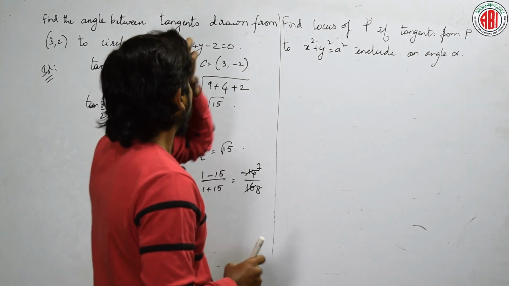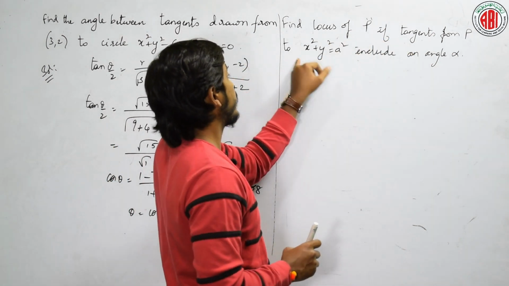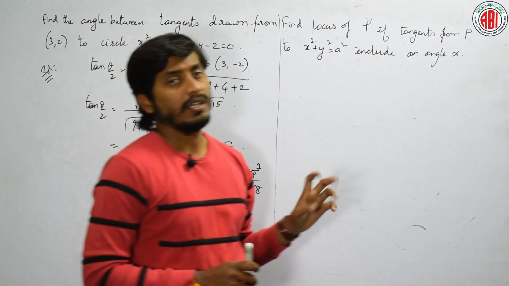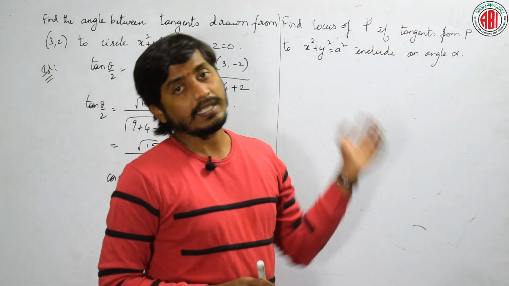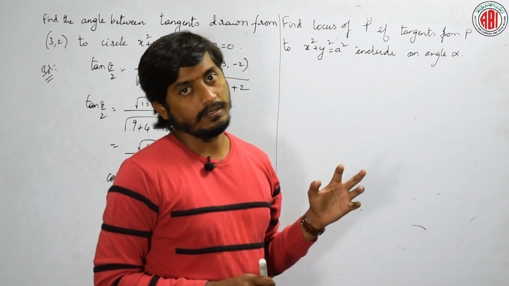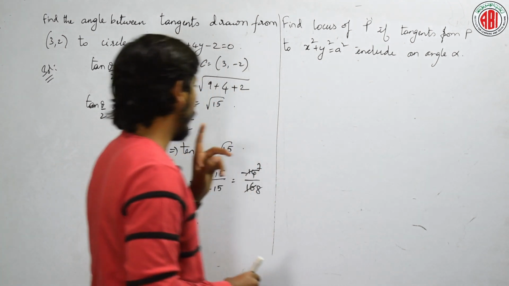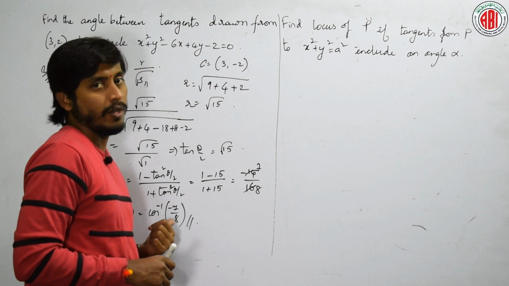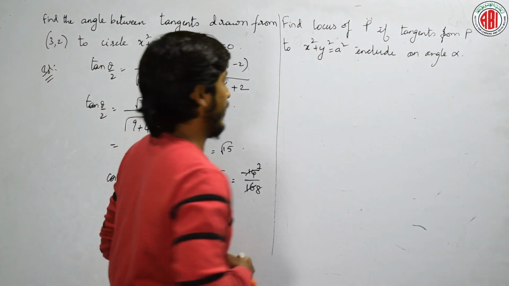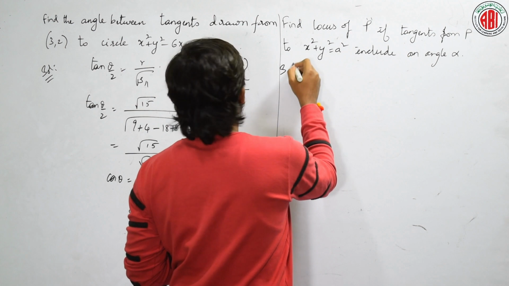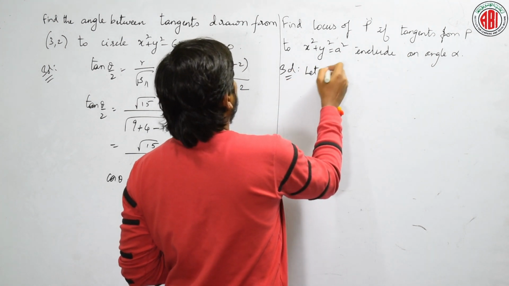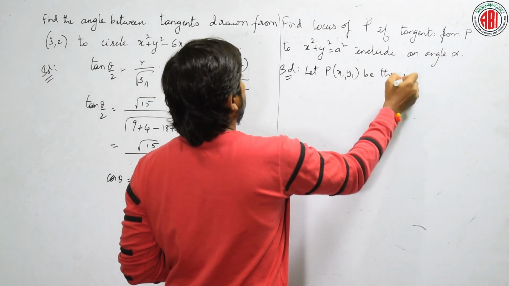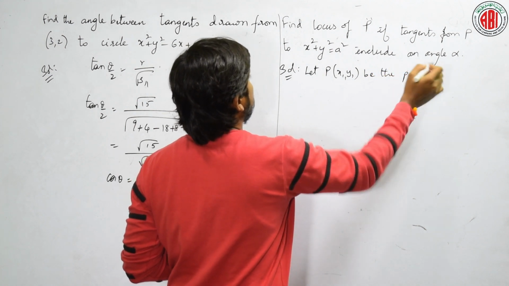See here. Find the locus of P if the tangents from P to this circle include an angle alpha. The same question. He gave the angle as alpha and he is asking us to find the locus. And whenever you do angle between two lines, you should remember that it has to be converted into cos. Fine. See here. Let us assume, let P(x1, y1) be the point on locus.